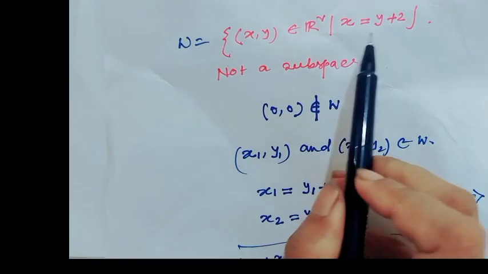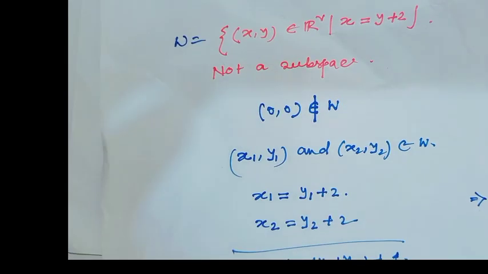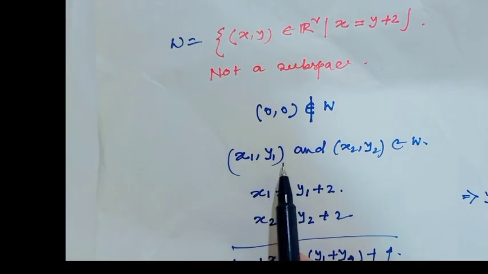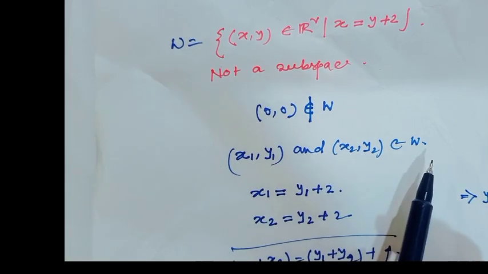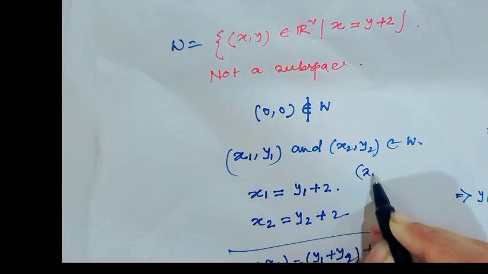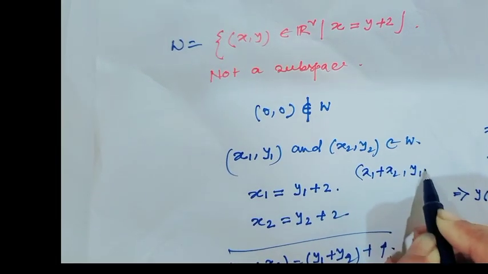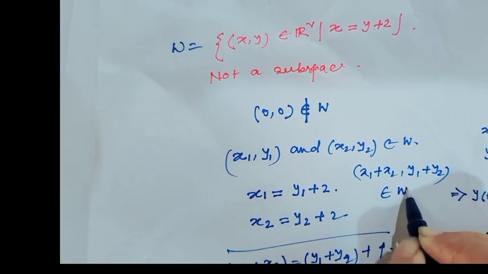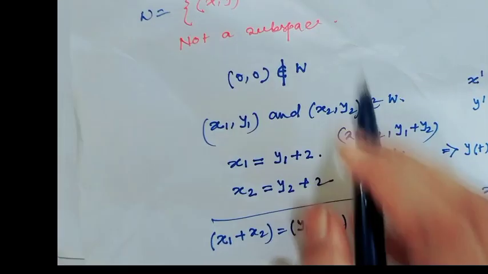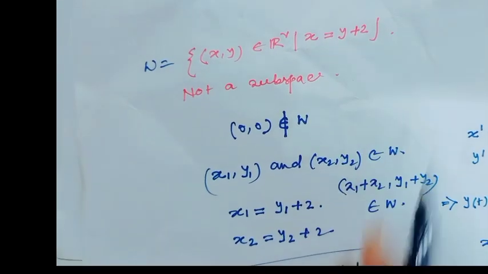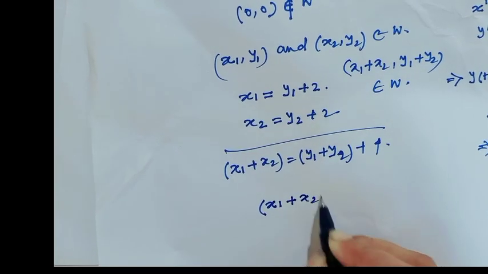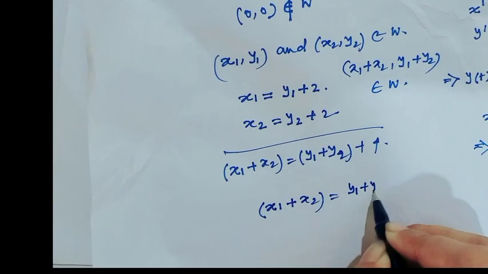But if W were a vector space, their sum would always belong to W, so (x1 plus x2, y1 plus y2) would be a member of W. That would mean x1 plus x2 equals y1 plus y2 plus 2.